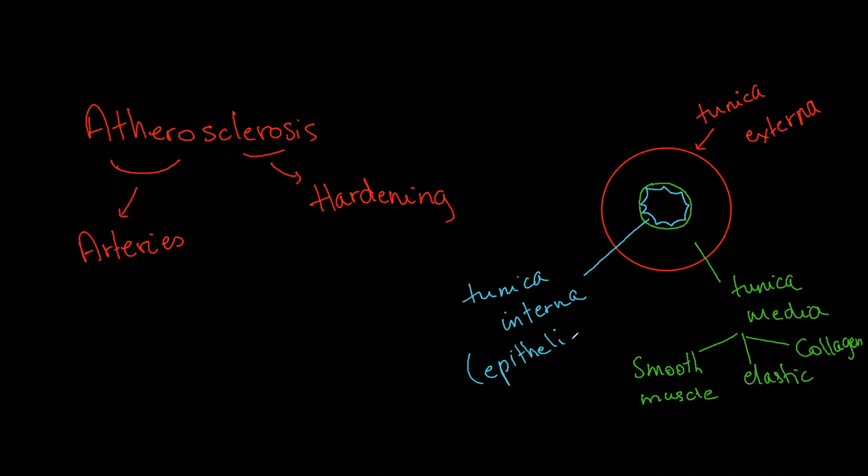Of course, when we say epithelium, this is something that is covering from outside. That's why I will call it endothelium, because it's a layer of cells that is covering from inside. And I said before that the word tunica interna has another name, intima.